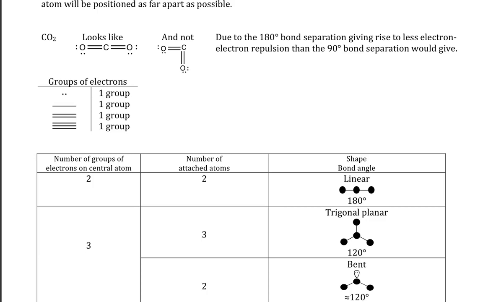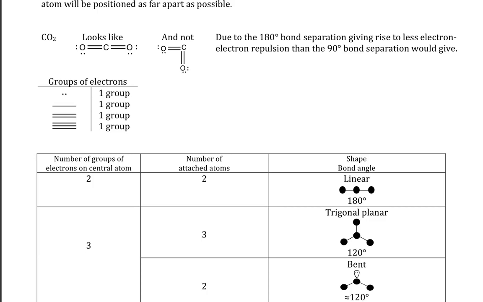They repel each other. The 4 electrons on the left are kind of locked together. The 4 electrons on the right are kind of locked together. But the 4 electrons on the left want to be as far away from the 4 electrons on the right as possible. And that's why they're completely opposite each other.